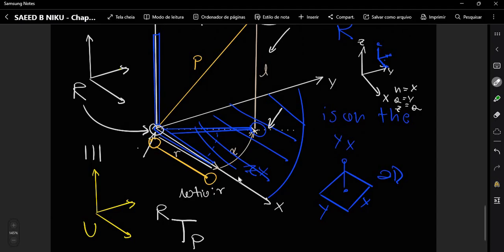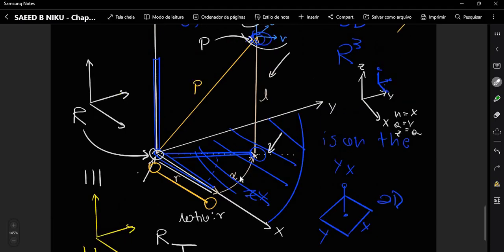The rotation, with an angle alpha, is not about any axis.